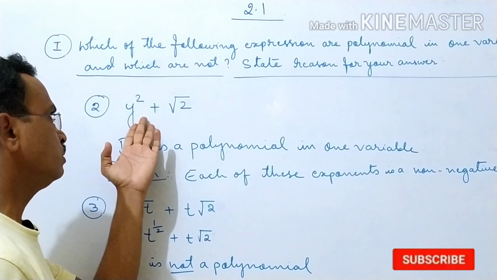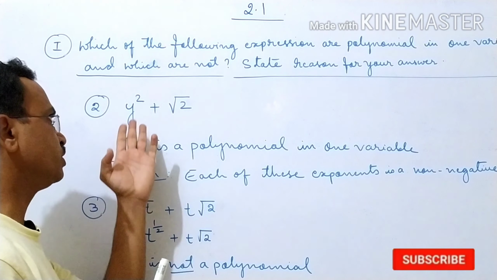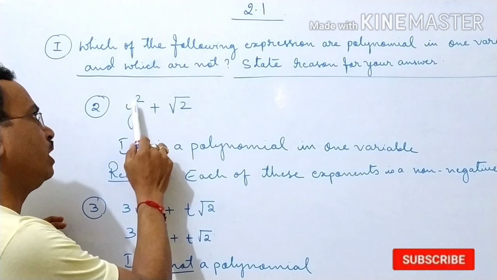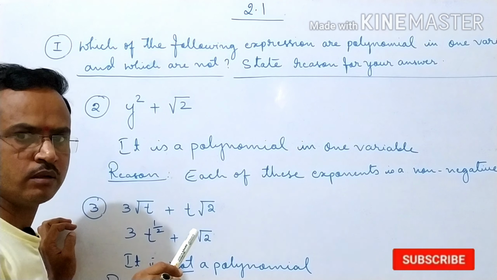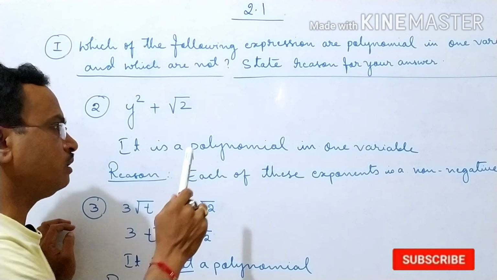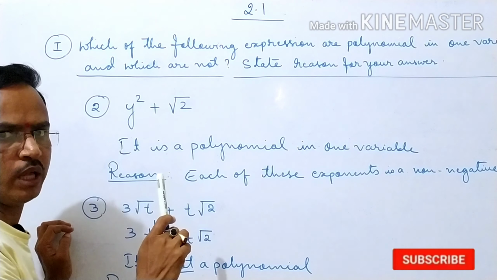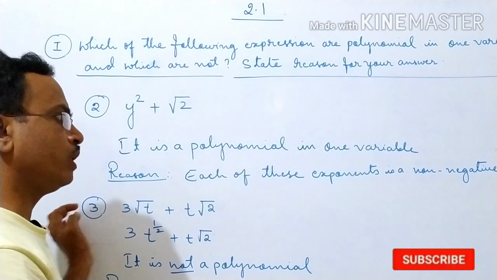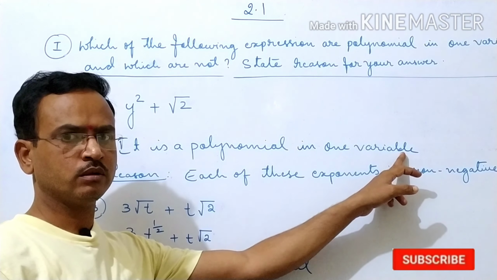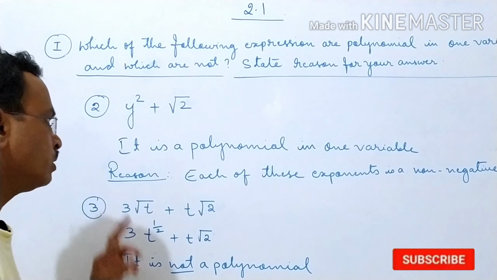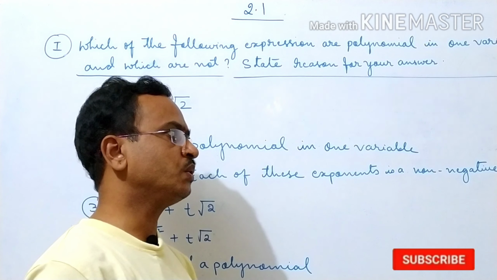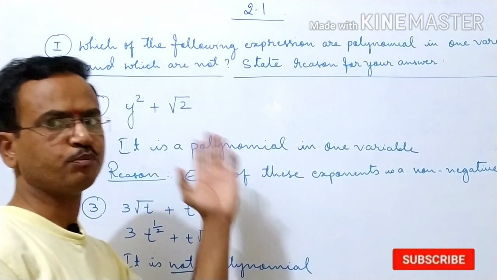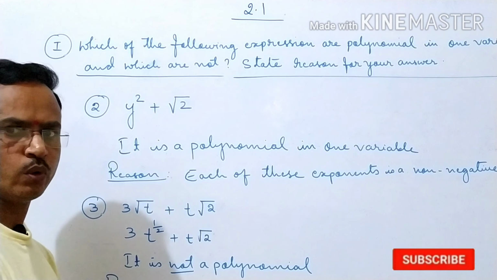Here the variable power is 2, a positive integer, so we can say it is a polynomial in one variable, only one variable is there. So reason: each of these exponents is a non-negative integer.